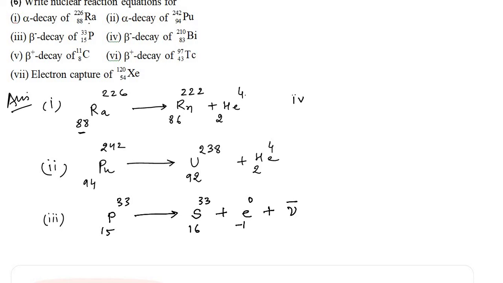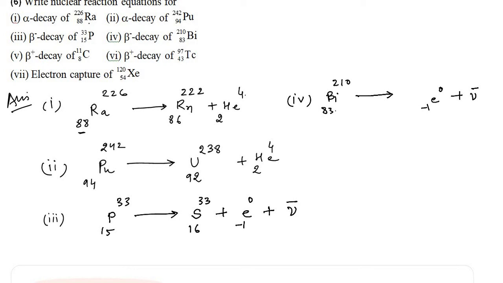Now in the fourth reaction, beta decay of Bi, atomic number 83, bismuth, and 210. From beta minus decay, an electron is emitted from it, and along with the electron an anti-neutrino is emitted.